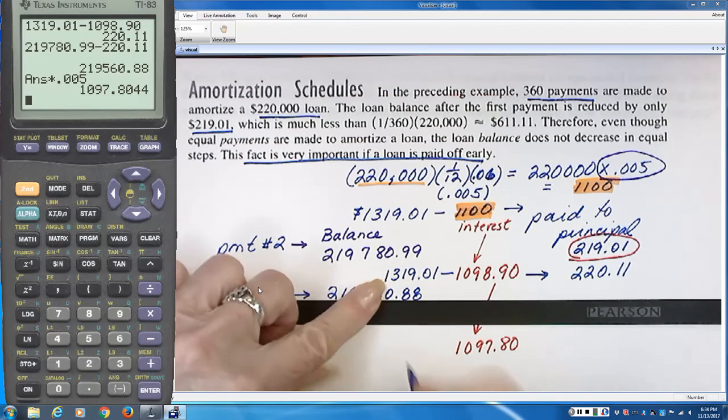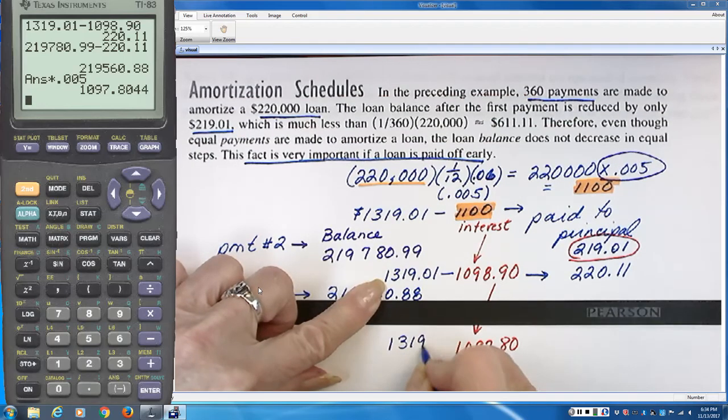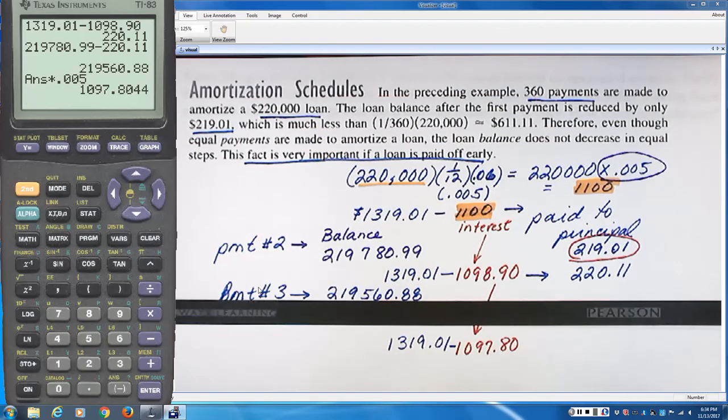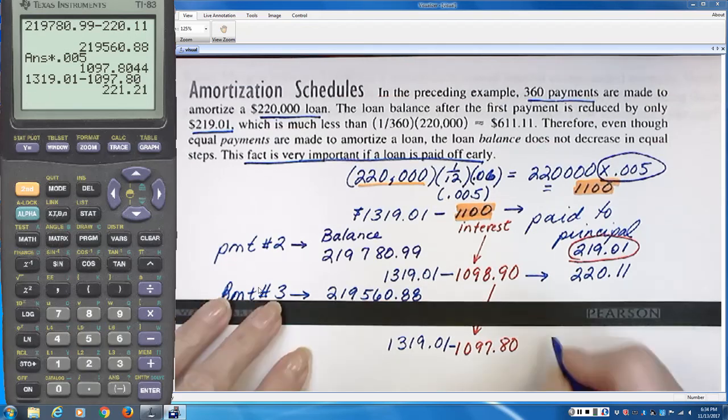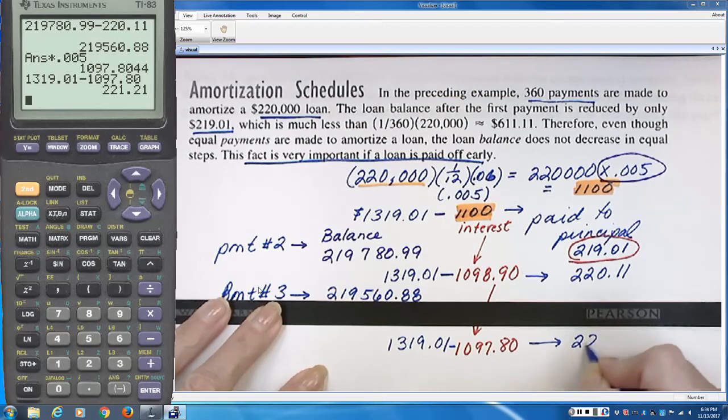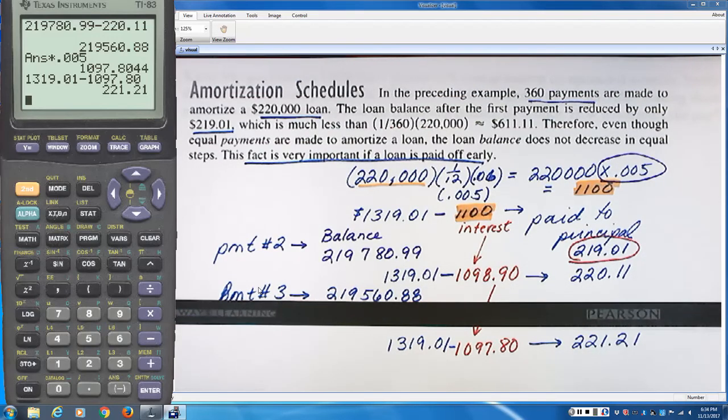So when you make your next $1,319.01 payment, they're going to take $1,097.80 in interest. So you're going to get to pay $221.21 towards your principal, and you keep on doing that for 30 years.